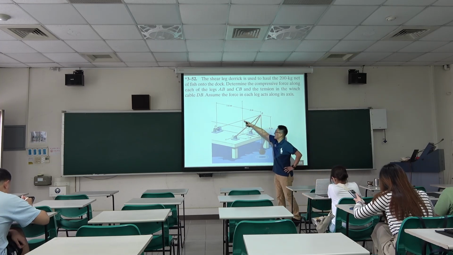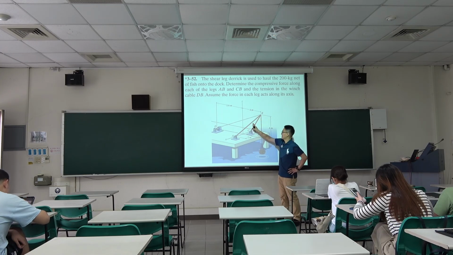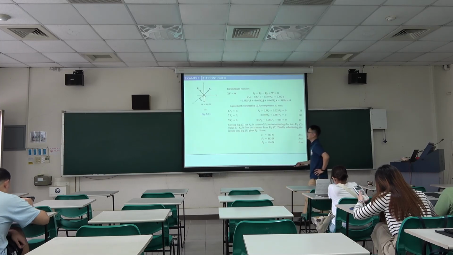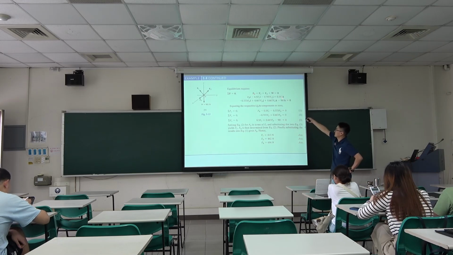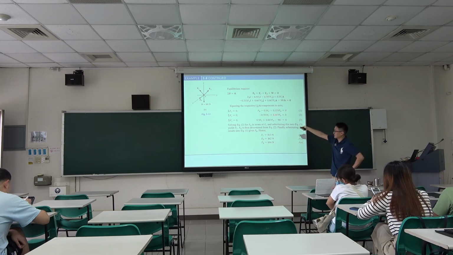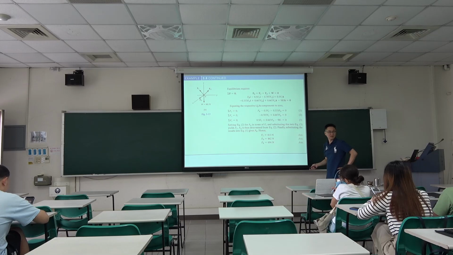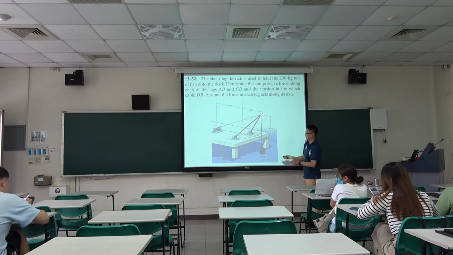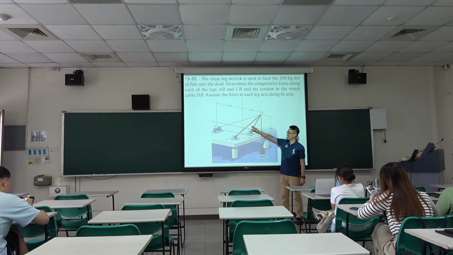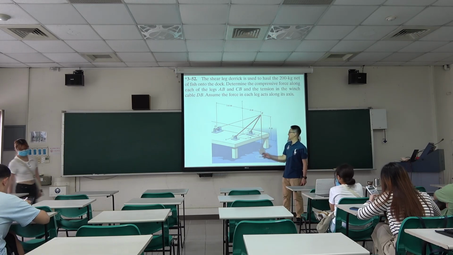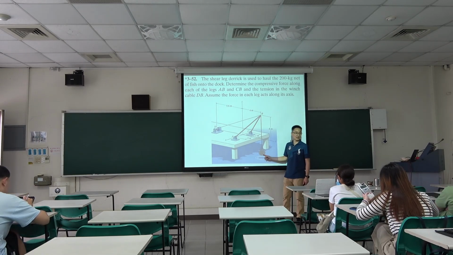So the summation of all forces together, including two legs, one cable, and the fish loading, equals 0. So it goes back to the previous situation: individually, the x component equals 0, the y component equals 0, the z component equals 0.